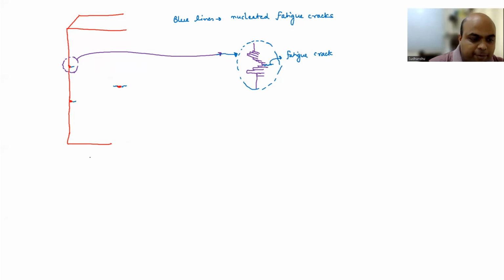Okay, now let me blow up another one. Say if I just blow it up, you have the surface, and then there is a small notch, and from this notch, you are generating a crack. So this is your fatigue crack.